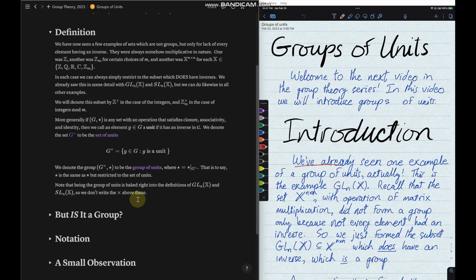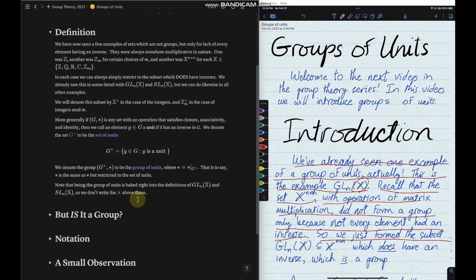Okay, we've already seen one example of a group of units actually. This is the example of the nth general linear group for just about any number set. Recall that the set X to the n cross n with the operation of matrix multiplication did not form a group only because not every element had an inverse.